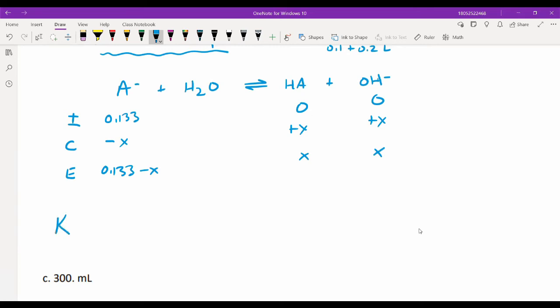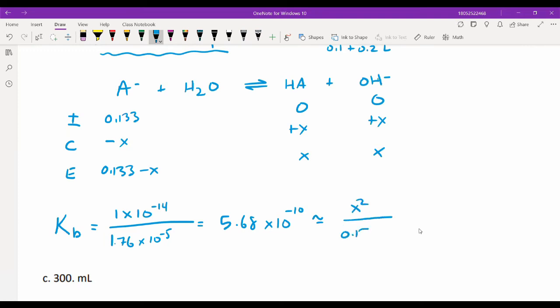So when we solve for the K, remember this is going to be a KB, so we have to do that extra step of solving for the KB of the acetate ion, the conjugate base of acetic acid, and this has a KB value of about 5.68 times 10 to the negative 10, and we're going to assume this is x squared over 0.133, doing our small x approximation. All right.